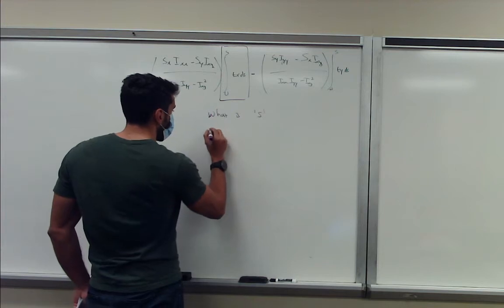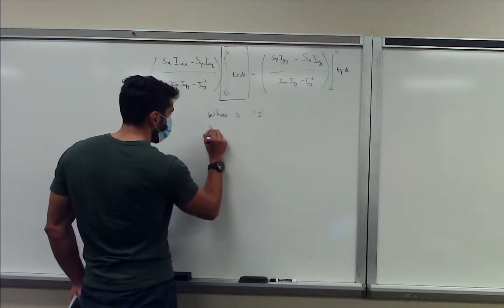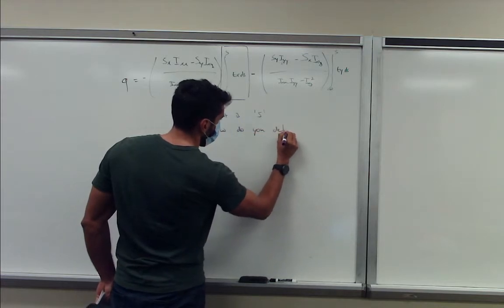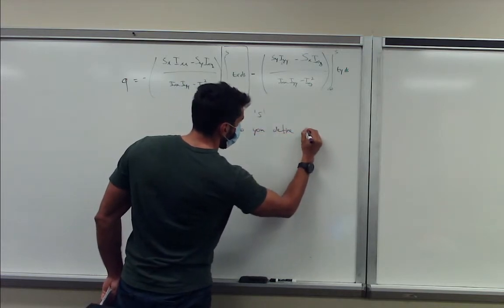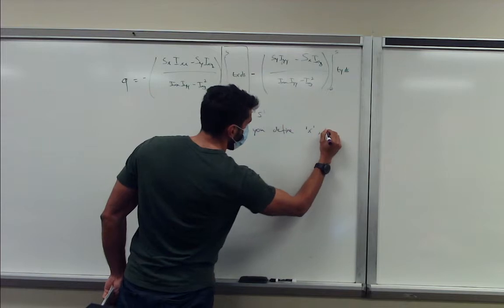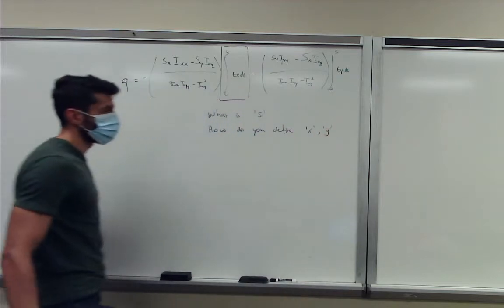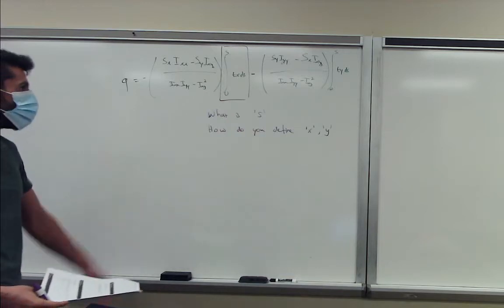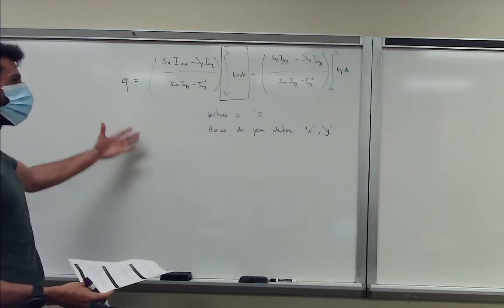And how do you define our x and our y location? So those are the key components that can throw people off when doing a shear flow problem.